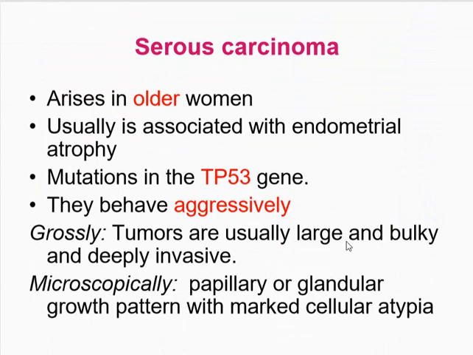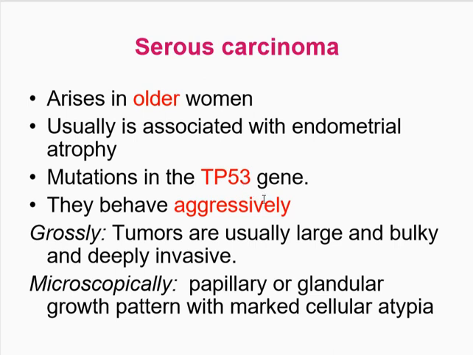Serous carcinoma, by contrast, arises in older women. There is usually no hyperplasia, but more commonly atrophy of the endometrium, which is associated. The genes involved are different. Often we see a mutation in the TP53 gene, which results in an aberrant p53 protein and loss of apoptotic functions. These are more aggressive tumors.